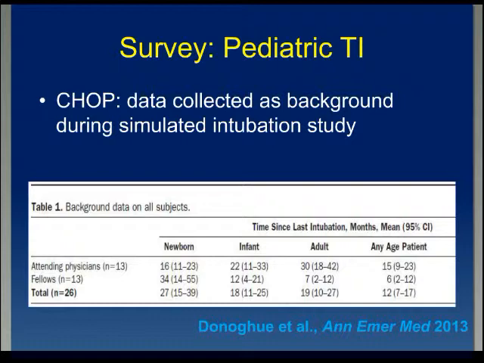But in the rightmost category, where it says any age patients, the average time since the last intubation of any pediatric patient for an attending was 15 months, and for fellows it was 6 months. So again, this is even less experience than the Losick study would suggest.